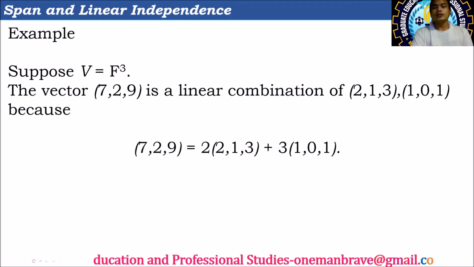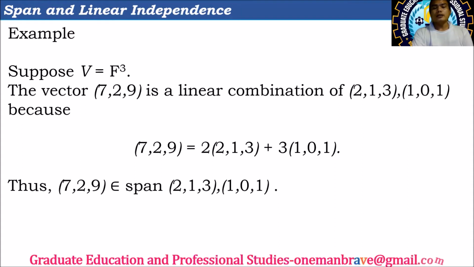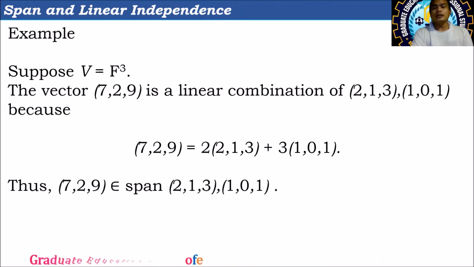That is because (7, 2, 9) is equal to 2 times the vector (2, 1, 3) plus 3 times the vector (1, 0, 1). Thus, (7, 2, 9) is an element of the span of (2, 1, 3) and (1, 0, 1).